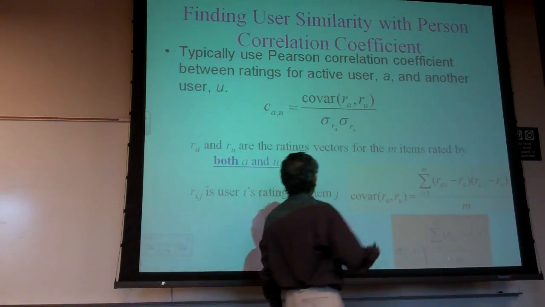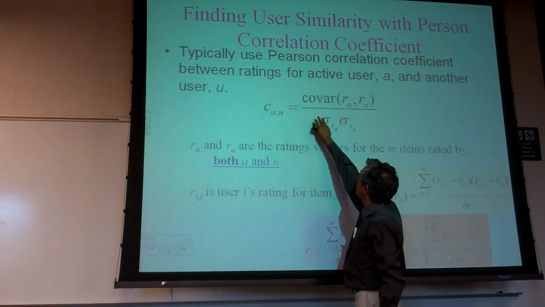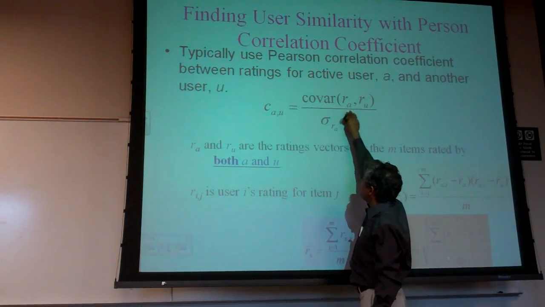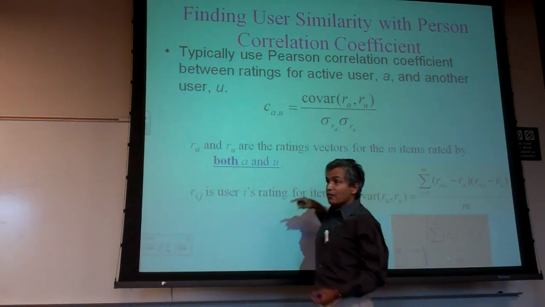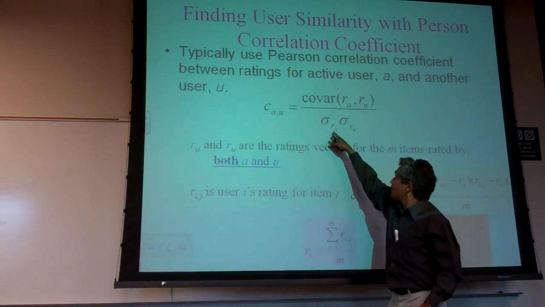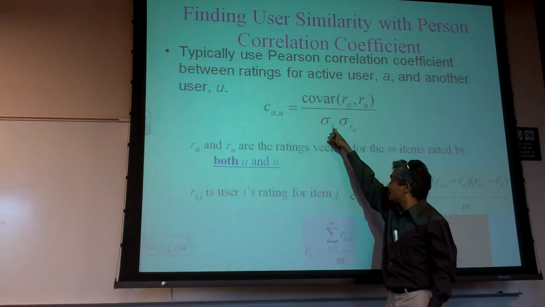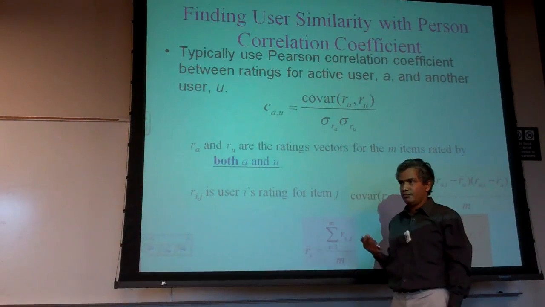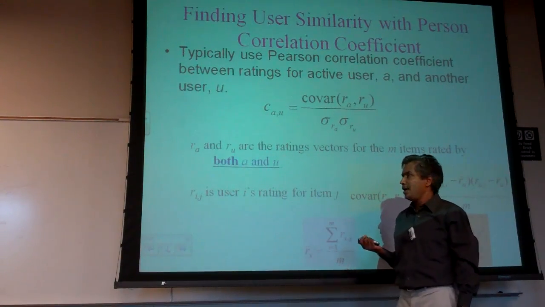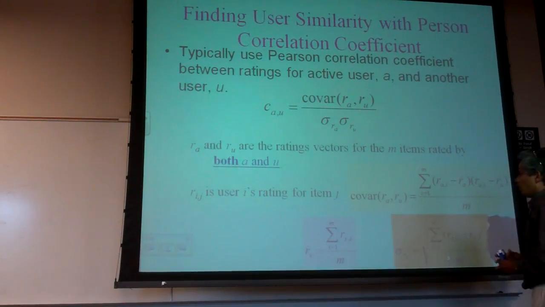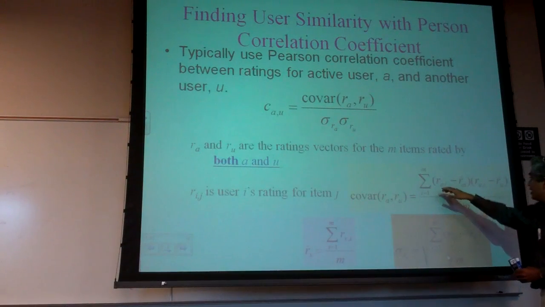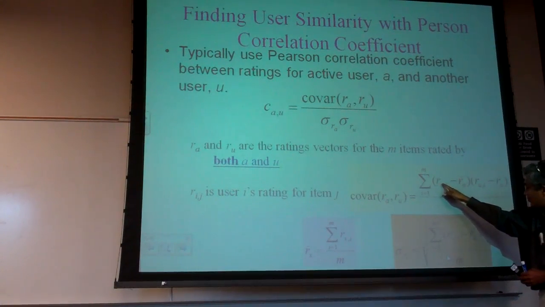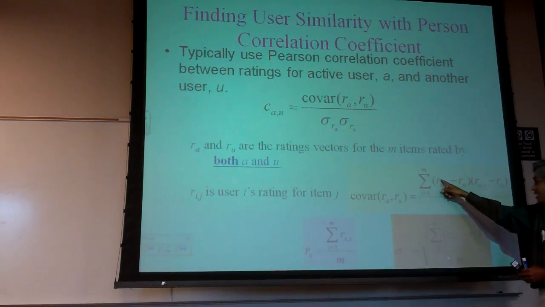So the Pearson correlation coefficient is nothing but the covariance of the two rating vectors RA and RU divided by the standard deviation of RA and the standard deviation of RU. Now what are those? Covariance: you take the vector of RA and center it.